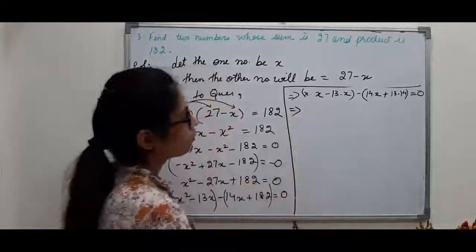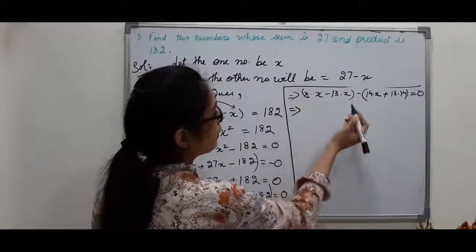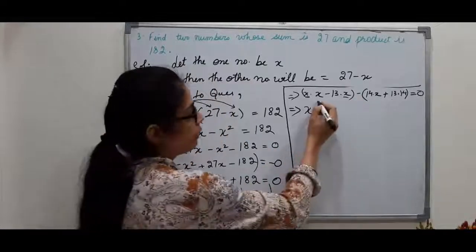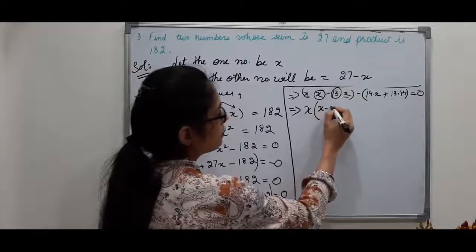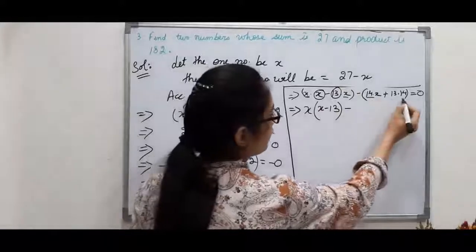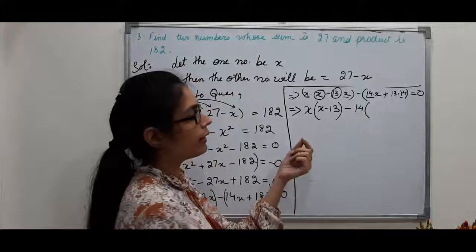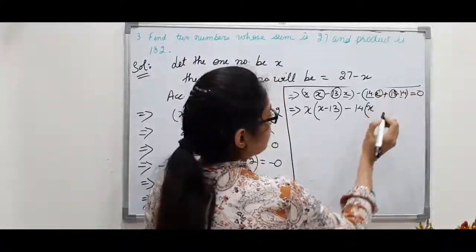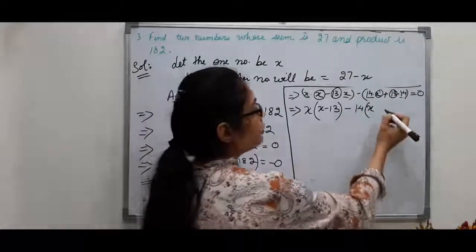Now let's take out the common terms. So here we can see x is present, here also, here also. So I will write x outside. Remaining terms I will write as it is. This is x minus 13. Minus, see here 14 is common in both the numbers. So that common number 14 we will write outside, and the remaining numbers are x and 13. Minus is outside the bracket, which means the inside sign will get changed.